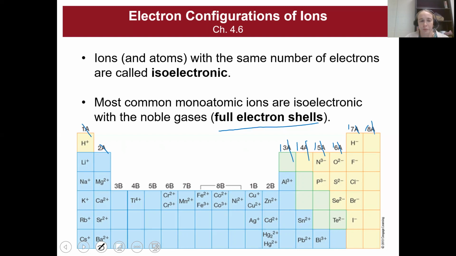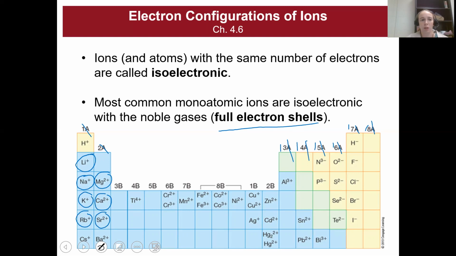So the +1s are our group 1s, like I said. +2s are our group 2s. And that's because to get to a +1 ion, we have to take away 1 electron.